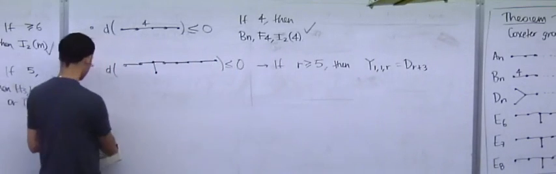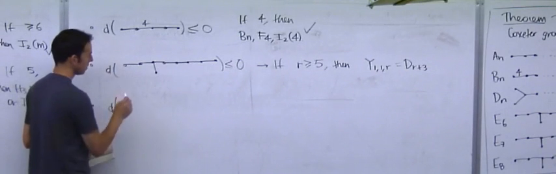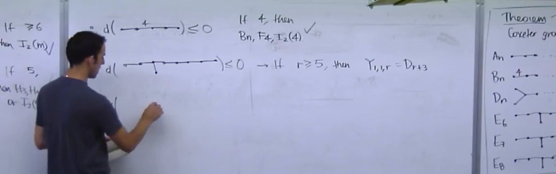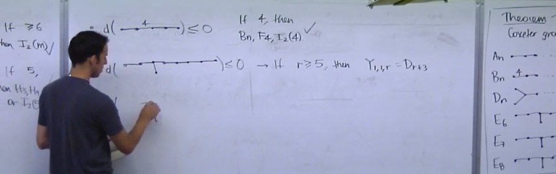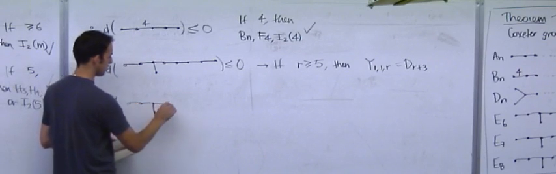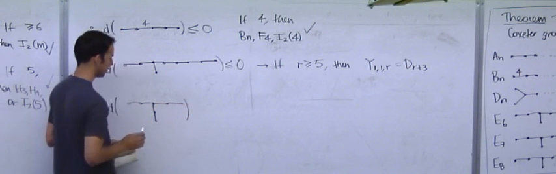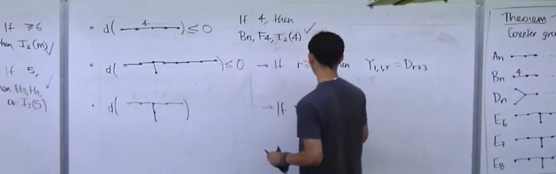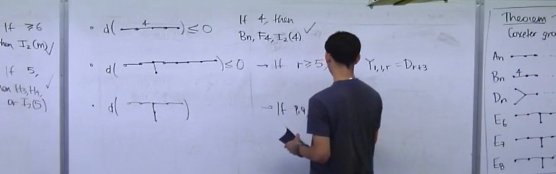And the next thing that you show is that you can't have all 3 branches be long, like this. In other words, you can't have all of P, Q, and R bigger than or equal to 2.